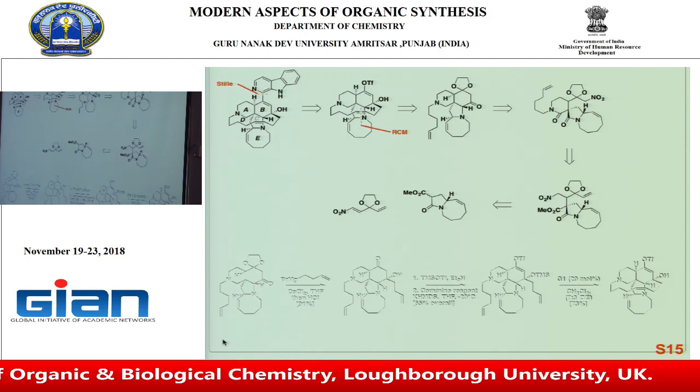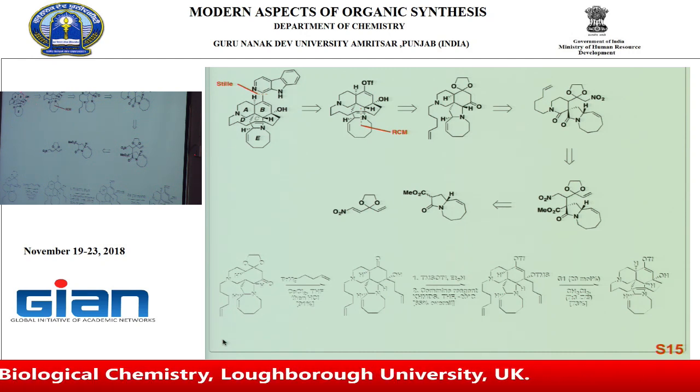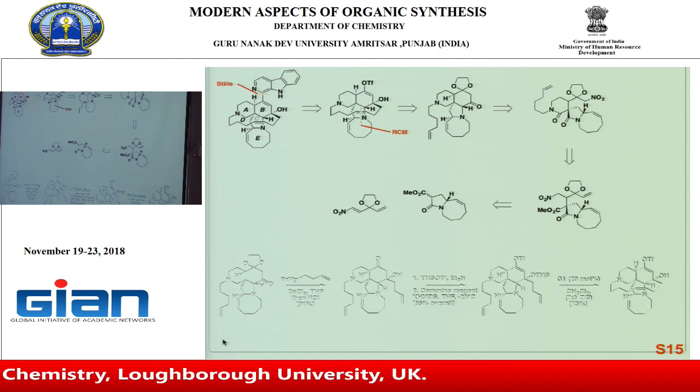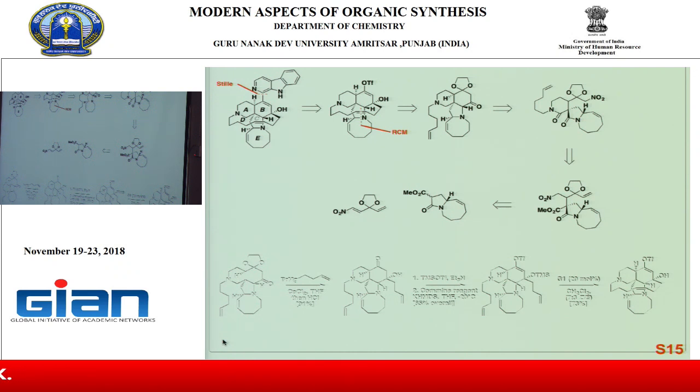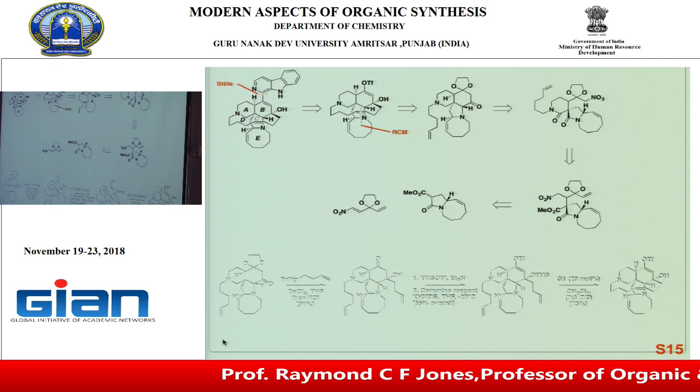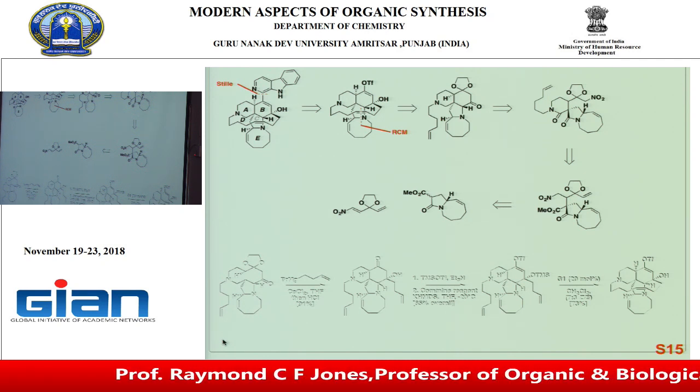Now some of this analysis is the same, but here's a different one. In the Martin synthesis, the carbon that's going to end up in this pyridine-like ring was built in as part of the bottom piece. In the Dixon synthesis, that bond is cut apart in a Stille reaction.